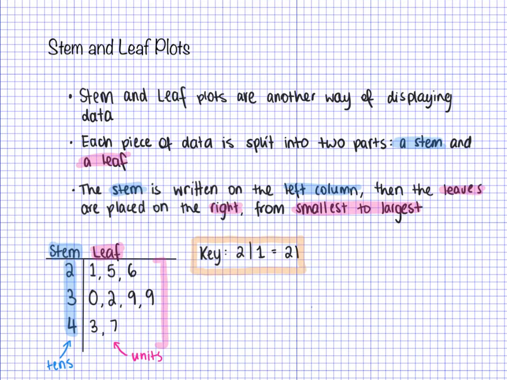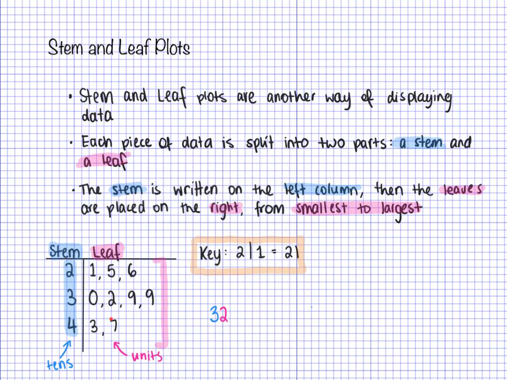So for example, if I was looking at what this value here is, the stem is 3 and the leaf is 2. If I have 3 tens, that's going to be 30. And if I have 2 units, that's going to be 2. So this number here is 32.